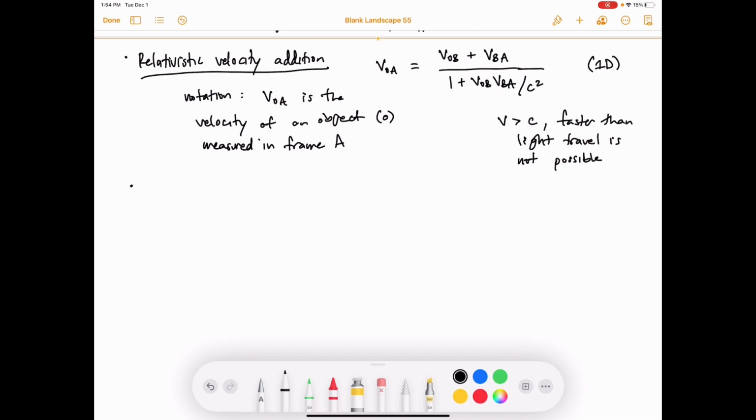Now, in addition to having to rethink our ideas of space, time, and how we add velocities, we also need to rethink our whole notion of dynamics, things like energy and momentum. So let's talk a bit about relativistic dynamics now.